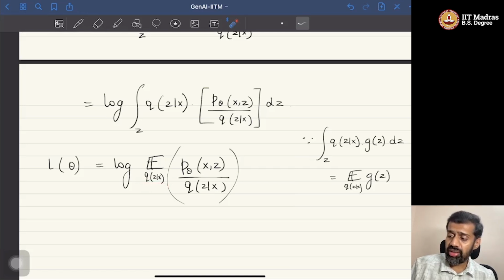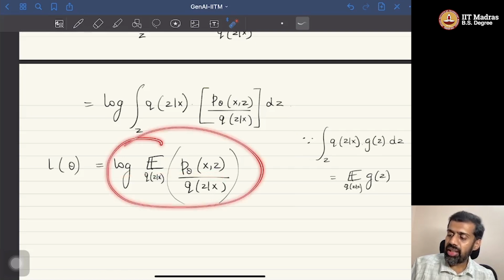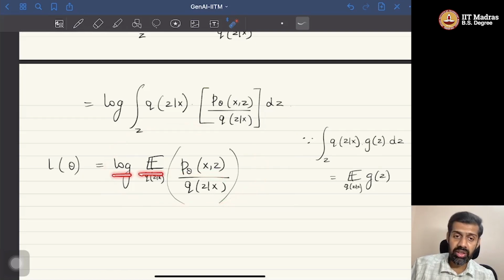But here there is a log outside of the expectation, so we cannot estimate the log of an expectation using statistical estimates. We want to write this entire thing not as a log of an expectation, but as an expectation of something, perhaps expectation of log. How does one bring the expectation out of the log? How do we pull the expectation outside the logarithmic operator?